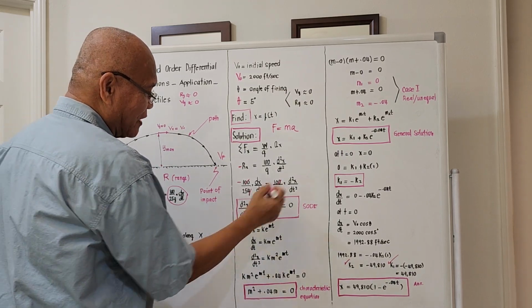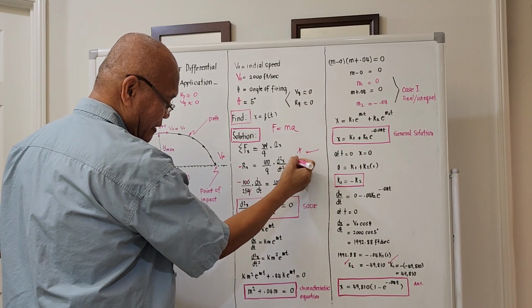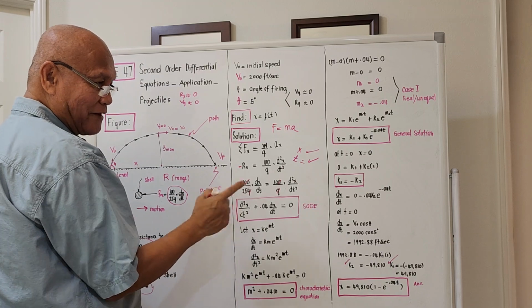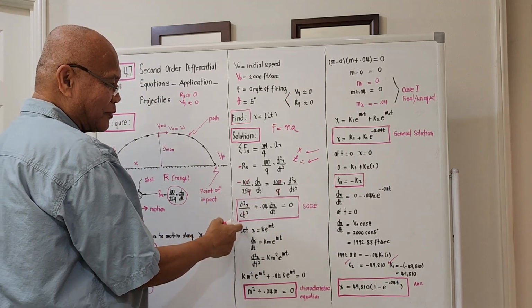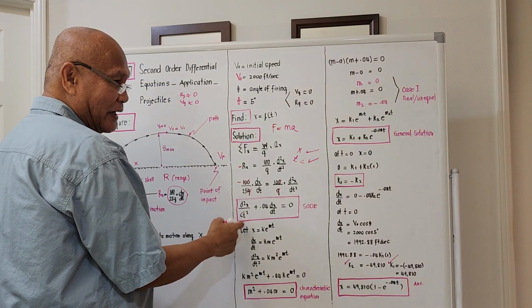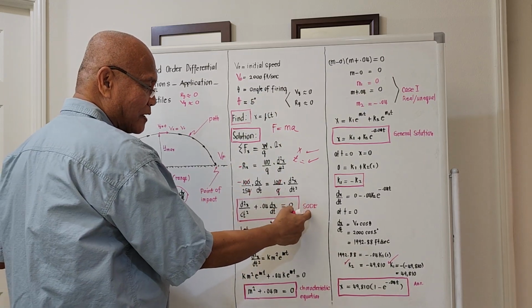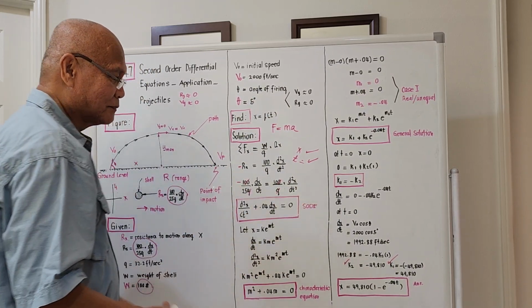The variables here are x and time. Okay? So we are given the second derivative of x with respect to time, and the resulting equation is termed a second order differential equation.